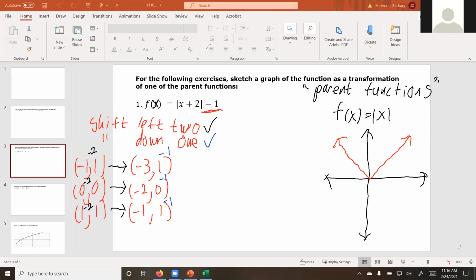And so my first point will become -3, 0.